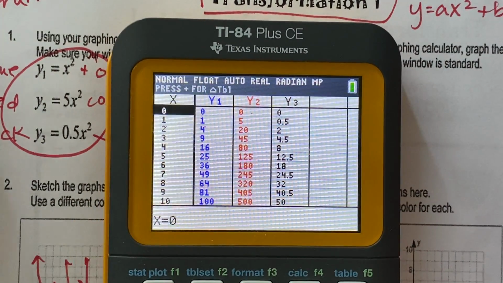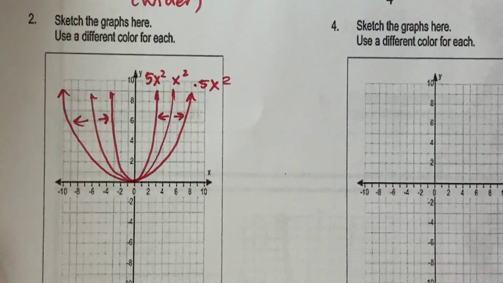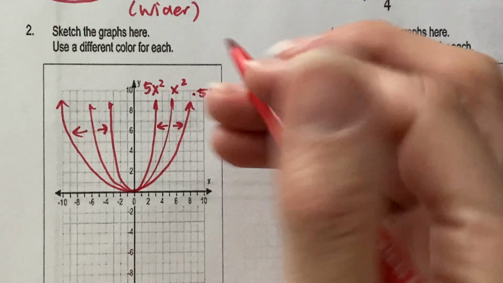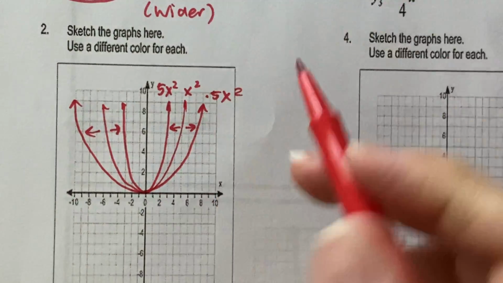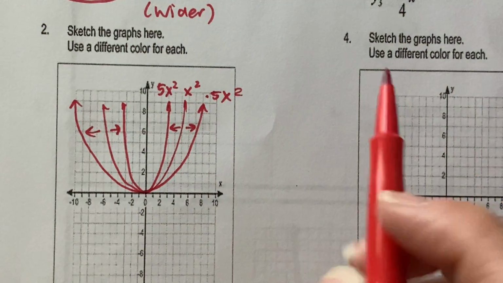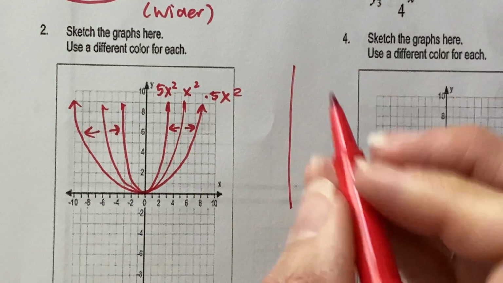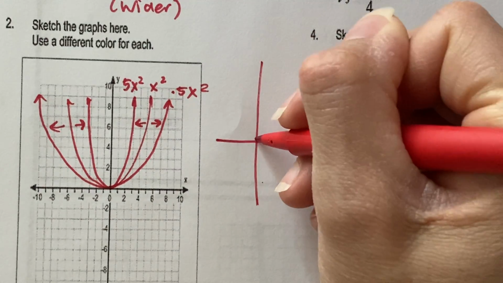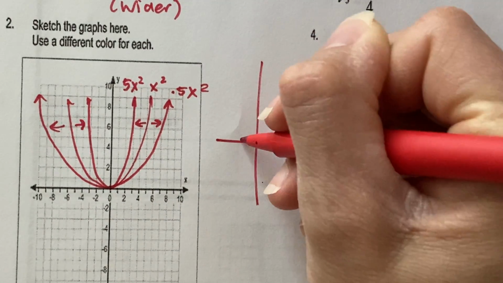So why does the graph change? Well, I did not graph this accurately, I sketched it, but if you were looking at this on another graph, so you have 0, 0.